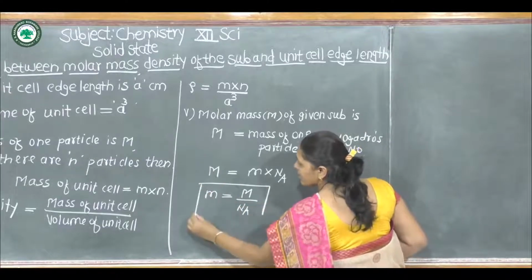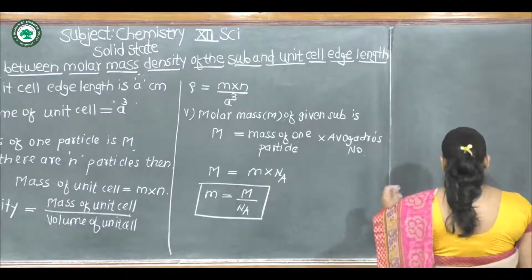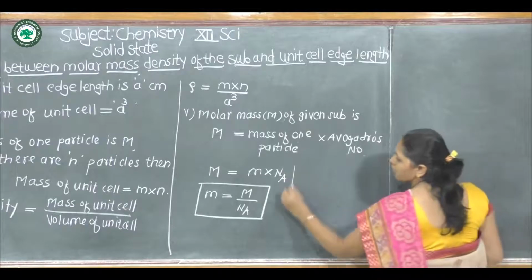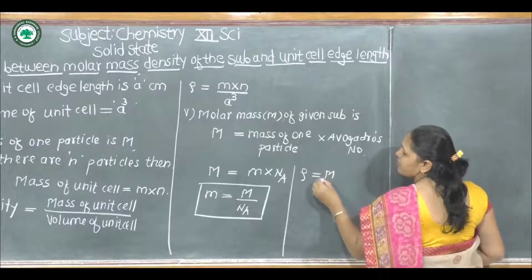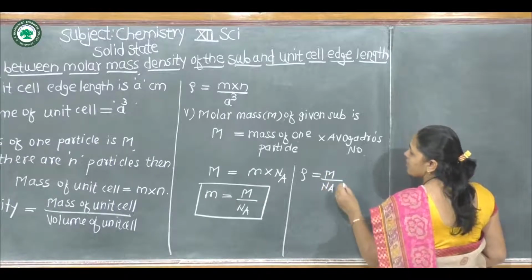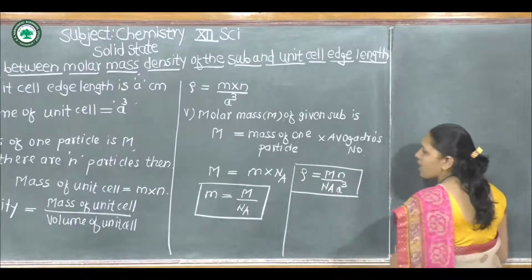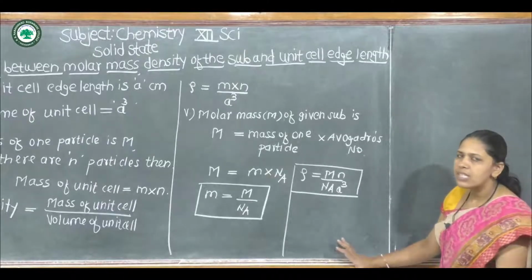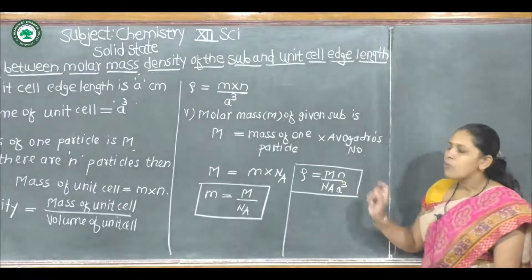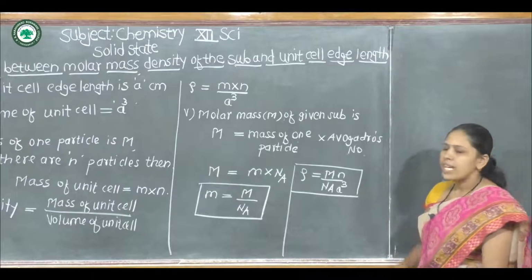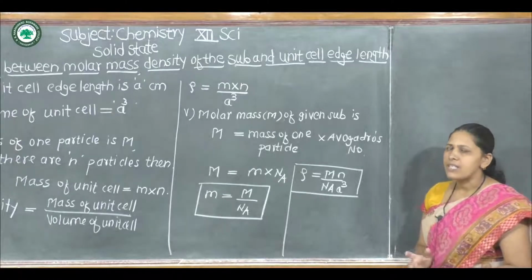This value is substituted in the value of rho, then rho is equal to capital M divided by Avogadro's number into n into a cube. By using this formula, we can calculate the density of any unit cell. Density of the unit cell is equal to the molar mass multiplied by small n, where small n is the number of particles present in the unit cell.